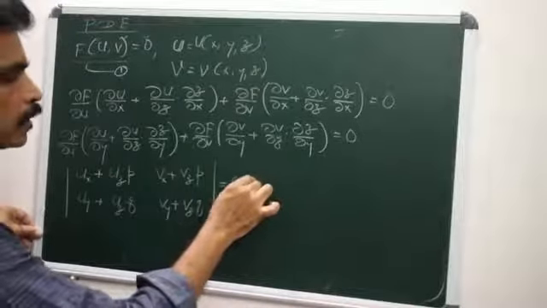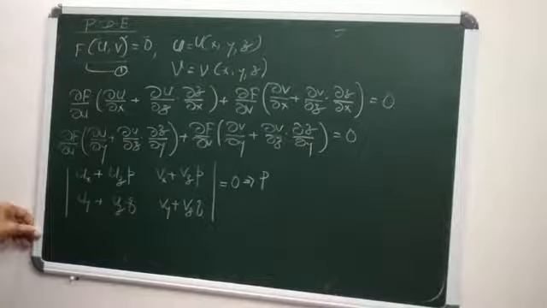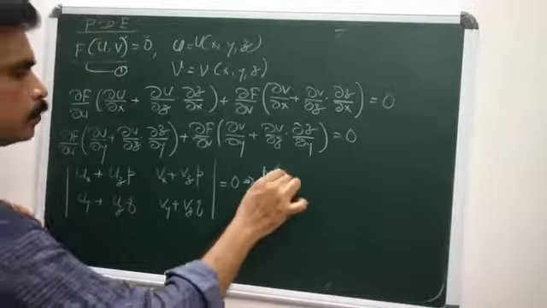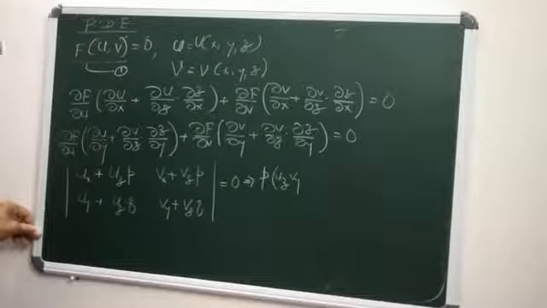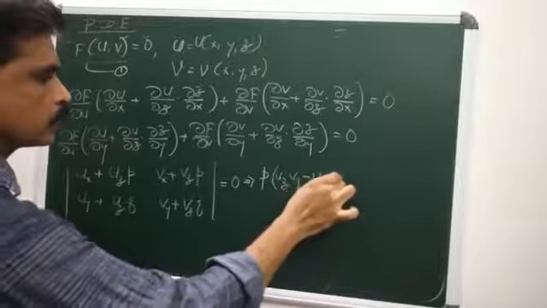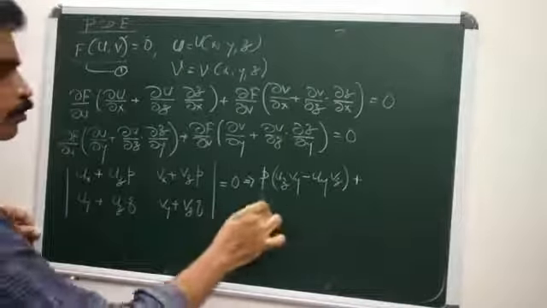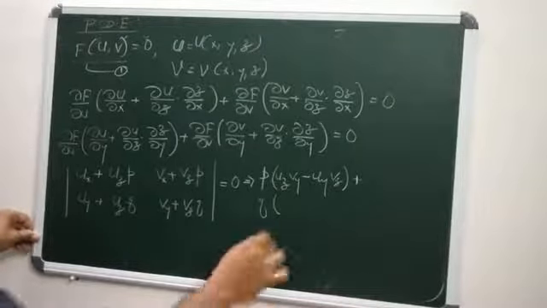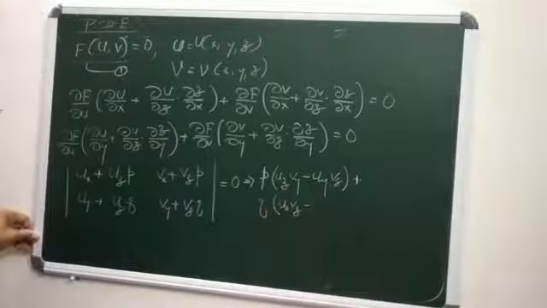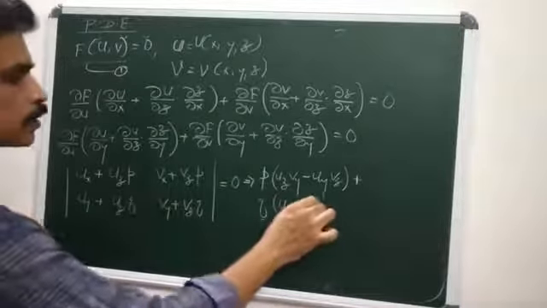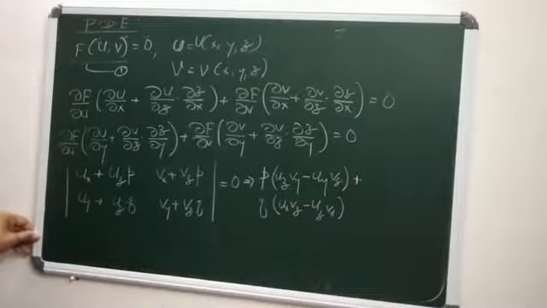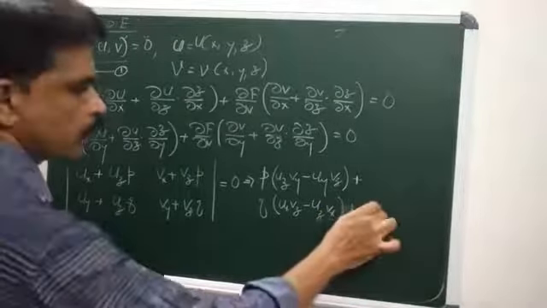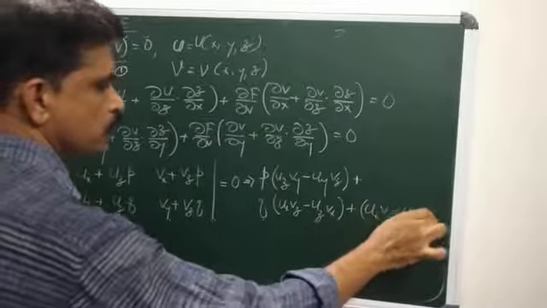That is finally, if you open this determinant, it is small p into uz vy minus uy vz, plus q into ux vz minus uz vx, plus there is a term which is independent of this p and q, that is ux vy minus uy vx equals 0.